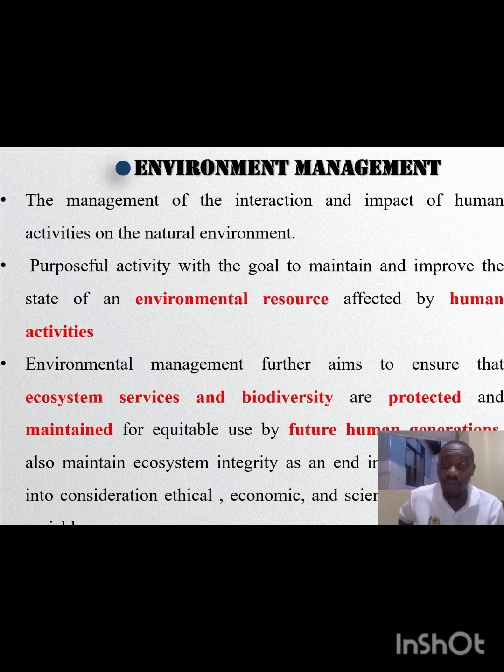But since we have the standards of the tolerance range, then you have to go and evaluate to what extent the environmental resource has been affected. Thereafter, we take measures to control or measures to improve that environmental resource.